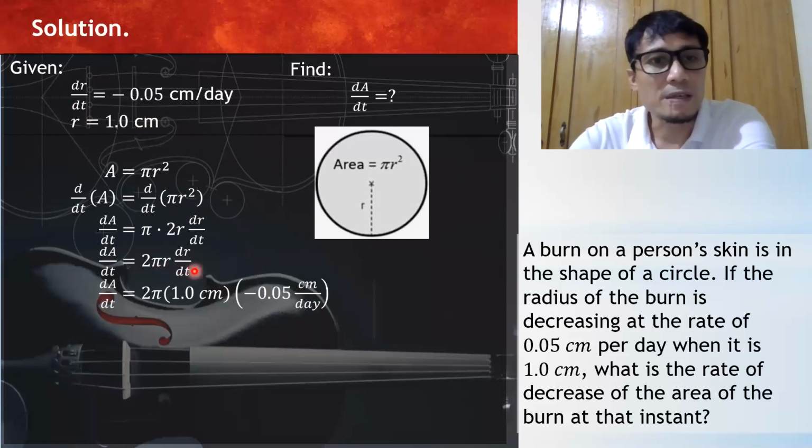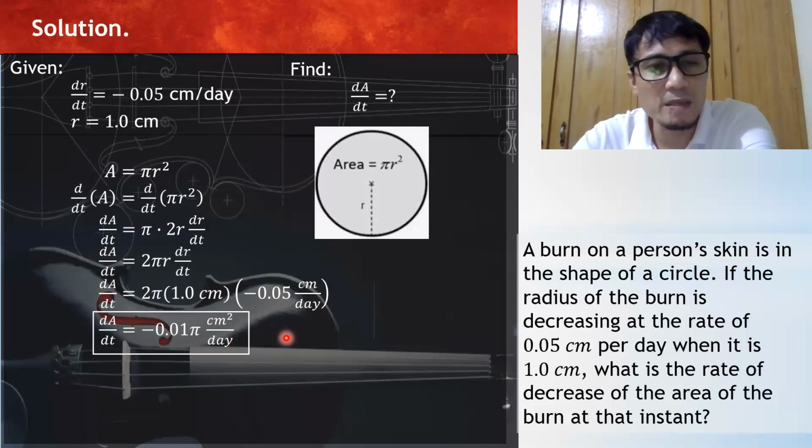Then we have 2 pi times r, which is 1.0, and then dr dt is negative 0.05 centimeter per day. Simplifying, this will become centimeter squared. We have negative 0.01 pi square centimeter per day.